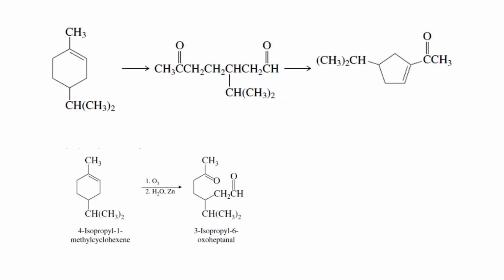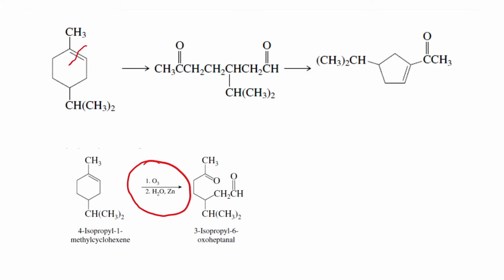So here, you have a cyclohexyl ring compound, and this ring compound is actually opened up, as you can see here. And so, like we discussed earlier, one of the reactions that you have studied in the past is ozonolysis. You can use ozonolysis to break this carbon-carbon double bond, and that gives you a dicarbonyl compound as shown here.